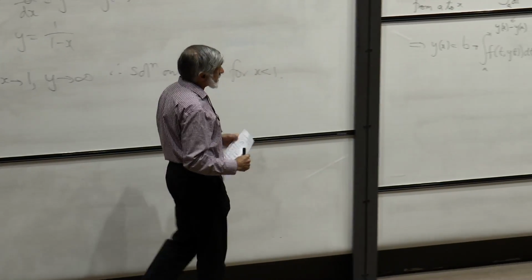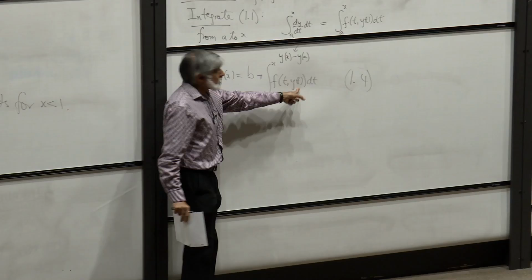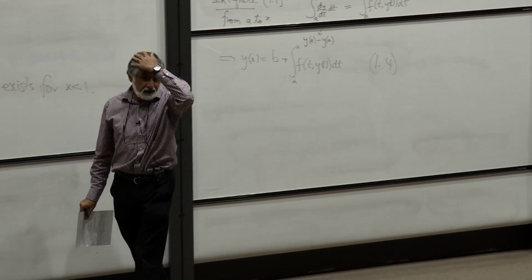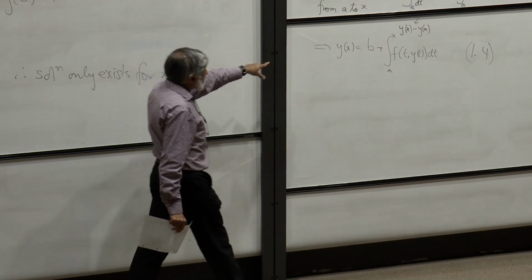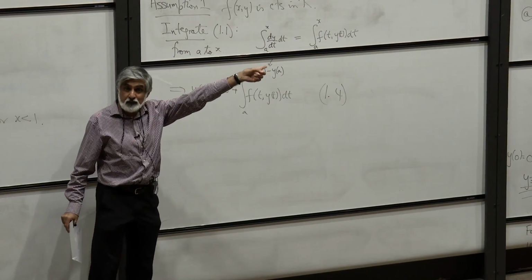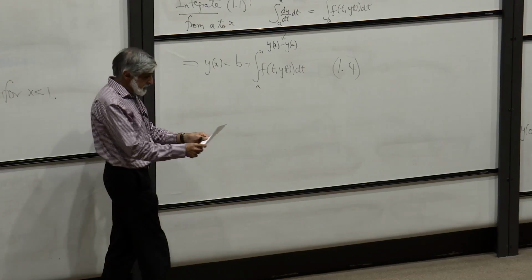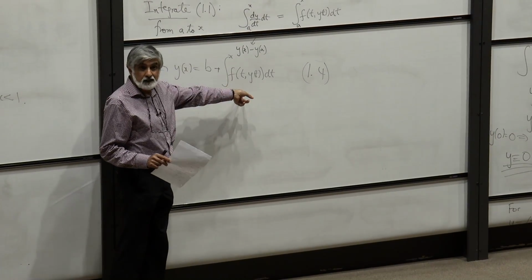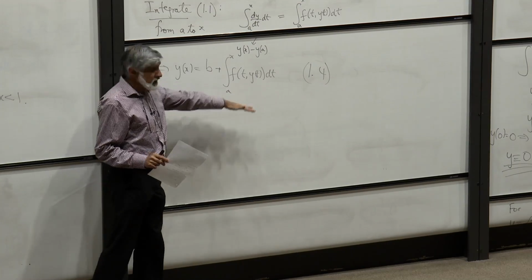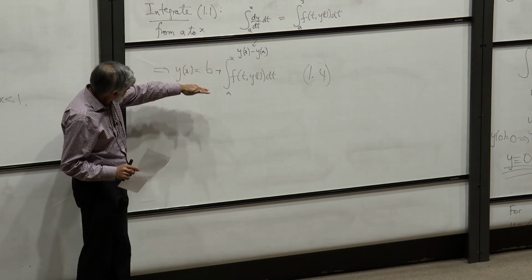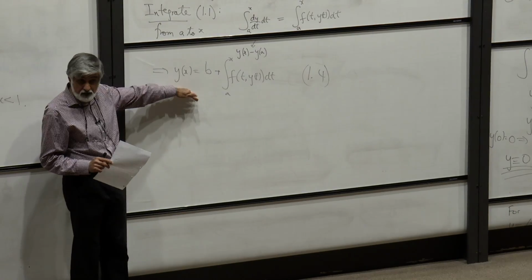So now we've got an equation for y, which is fantastic, except for the fact that it involves y on this side. Now this might look to you more complicated than what we started off with, but this is the key thing. What we're going to ask is, under what conditions can we find a solution to this?